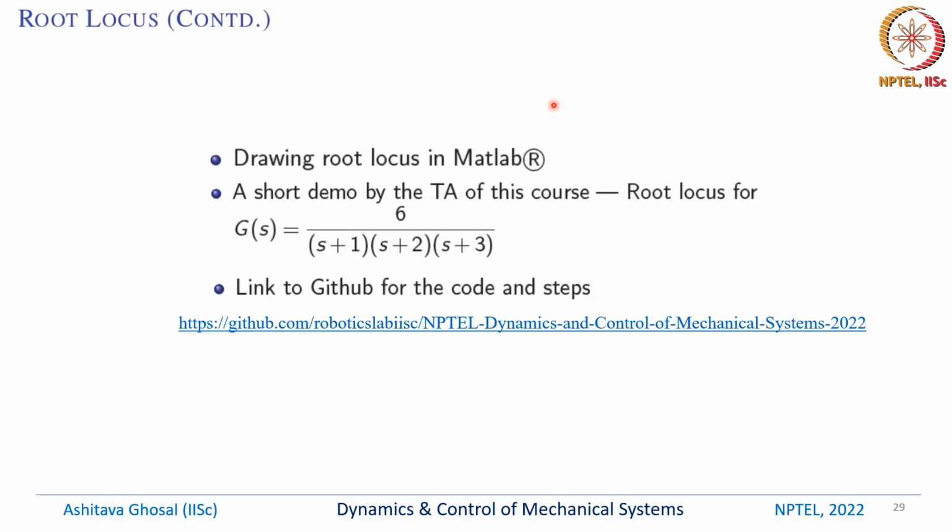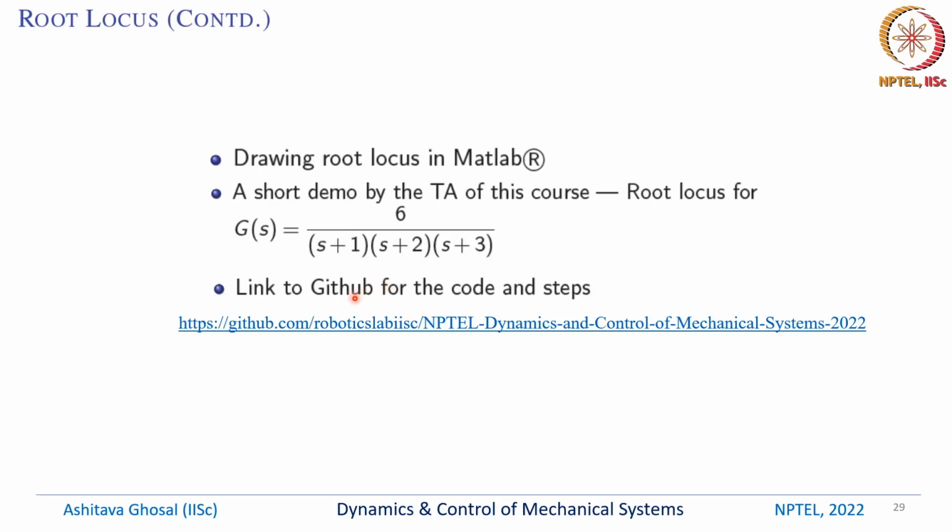So I am including a very short demo done by the TA for this course on how to draw a root locus using MATLAB. In the next few minutes, he will show you how to use MATLAB to draw the root locus for a G(s) given by 6 divided by (s+1)(s+2)(s+3).